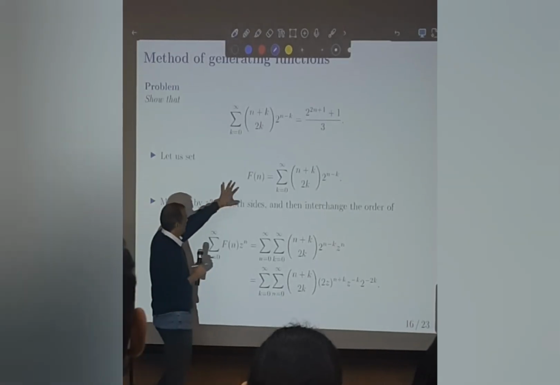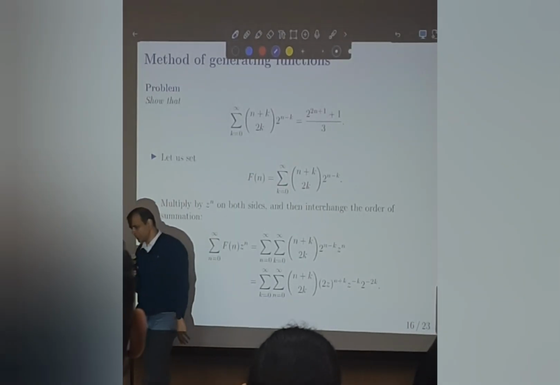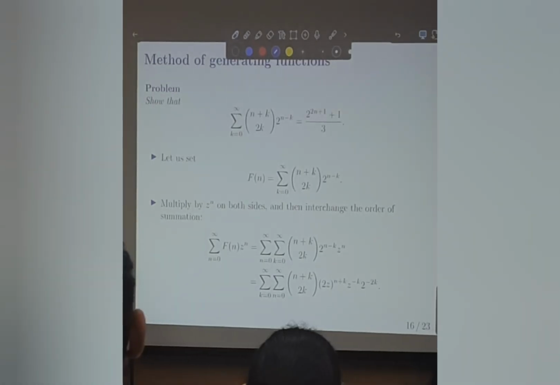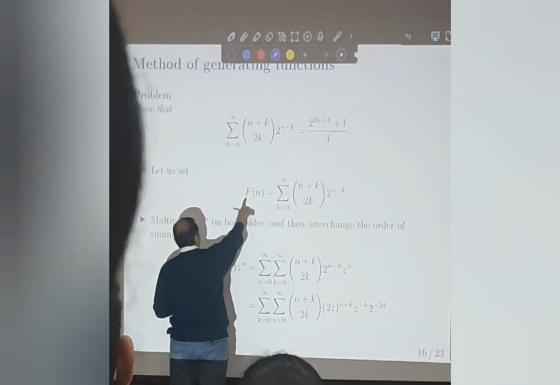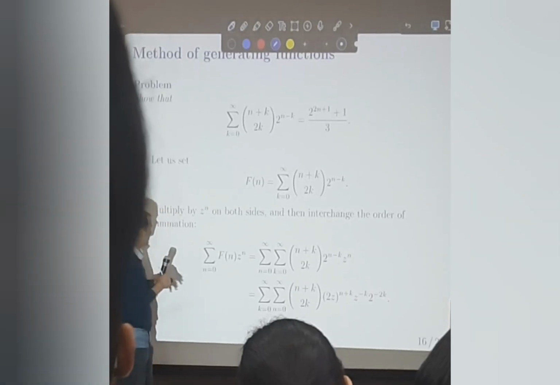Let us set this f of n equal to this. But now I'm going to consider a more complicated sum. I'm going to multiply this with z to the n, and then consider the summation in n.